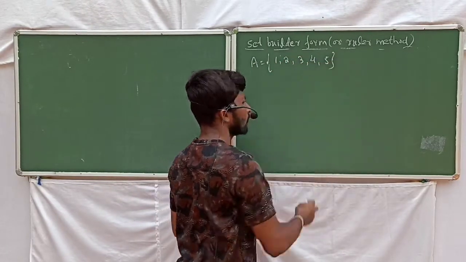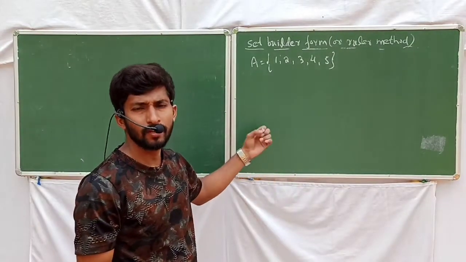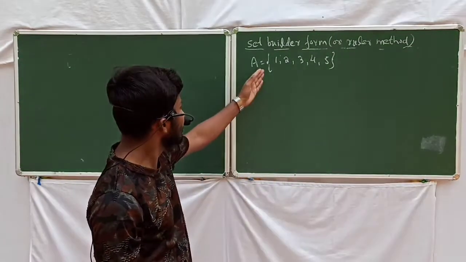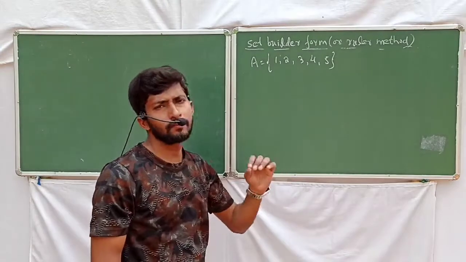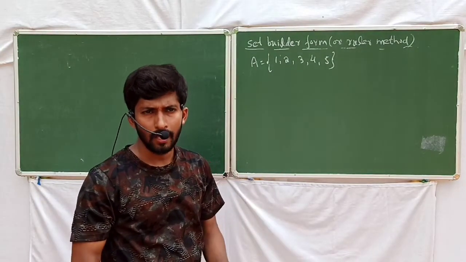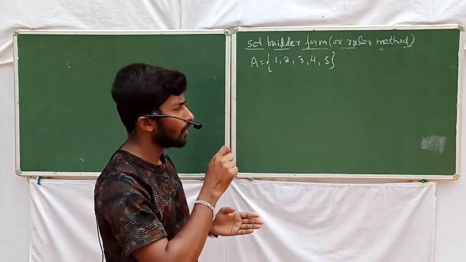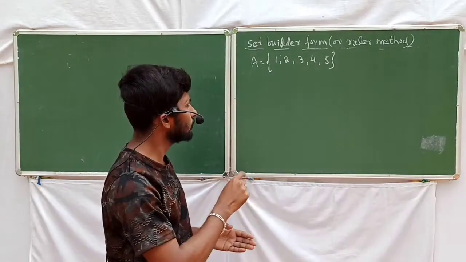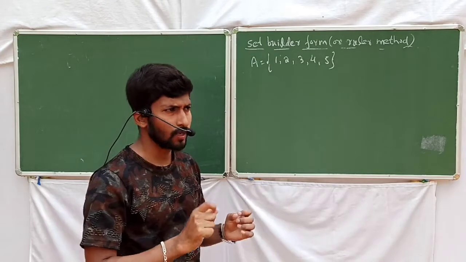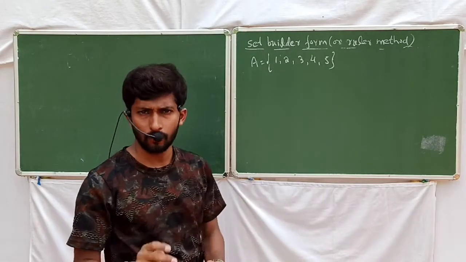If you see this, you can directly say this is the set containing first 5 natural numbers. You can write it in described form as A equal to all natural numbers from 1 to 5, or you can just write natural numbers from 1 to 5.